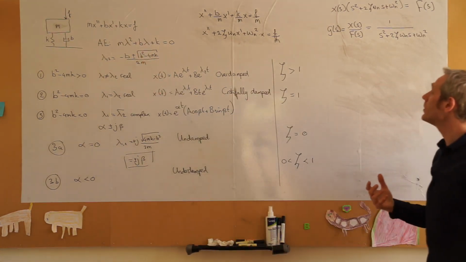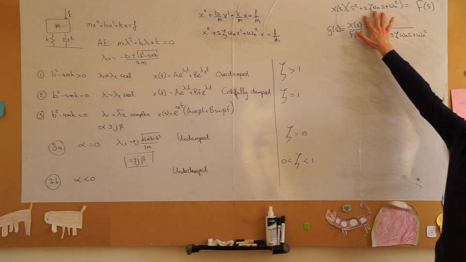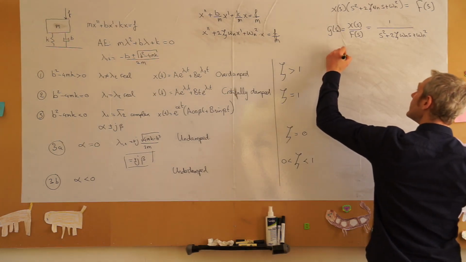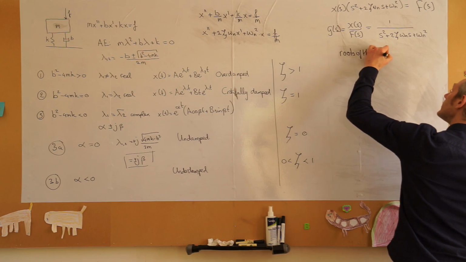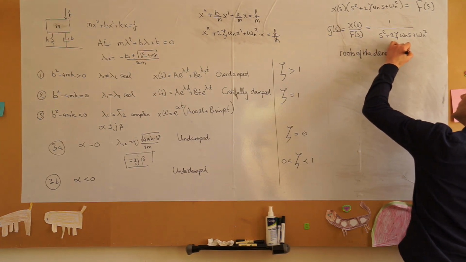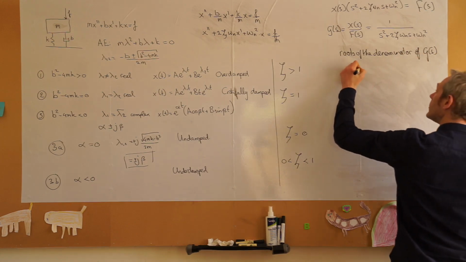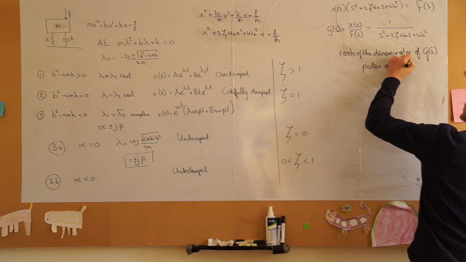And what I want to show you is that the roots of the auxiliary equation are the same as the roots of this polynomial, the roots of the denominator of the transfer function G(s), and those are called the poles of G(s).